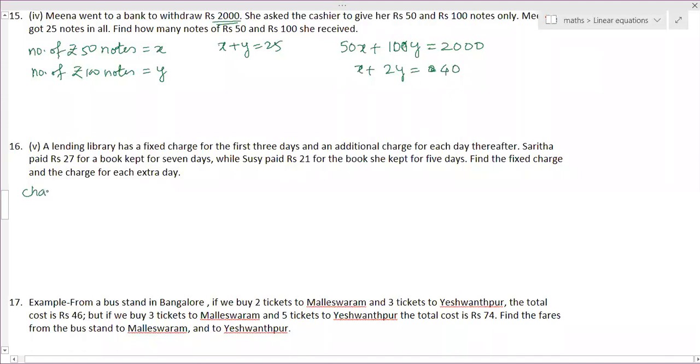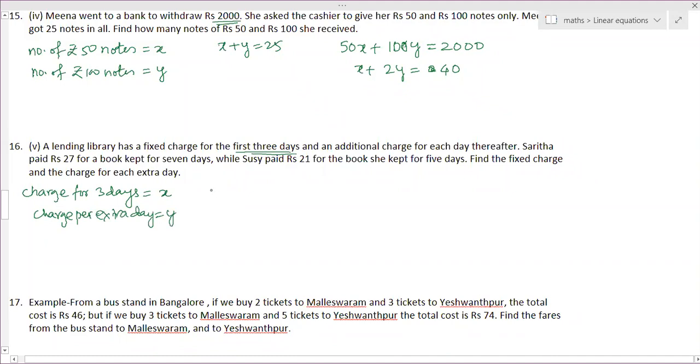For the first 3 days, it can be considered as X. After that, the fourth and fifth days, it will be Y. The charge per extra day is equal to Y.